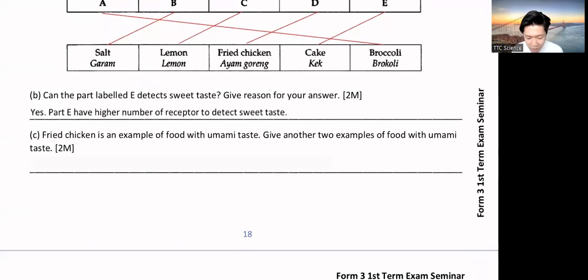Okay. Fried chicken is an example of umami. Any other examples? Remember seafood, chicken soup, mushrooms, salty stuff usually. Cheese is not umami.